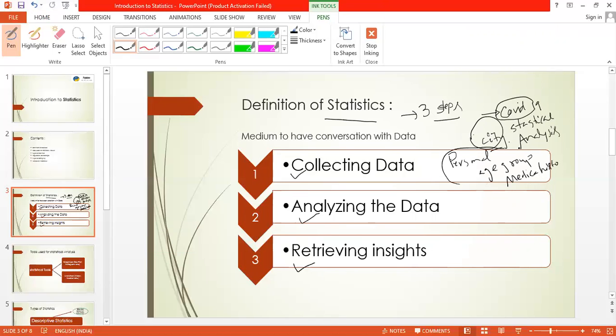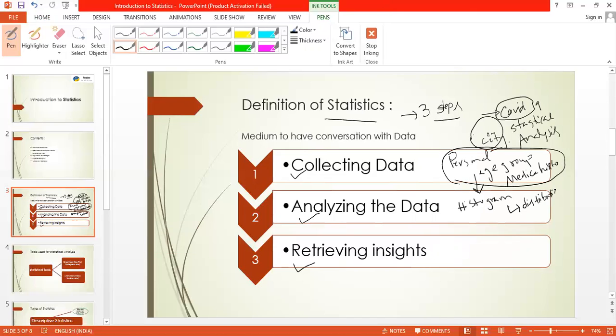After collecting all this information, what will be our next step? Our next step will be to analyze that information. In order to analyze the information in statistics, we have different types of tools. We'll discuss those tools in our coming videos. Mainly, for example, we have the histogram, which we use to study the distribution of the data.